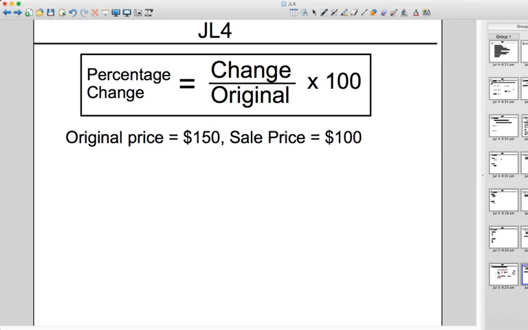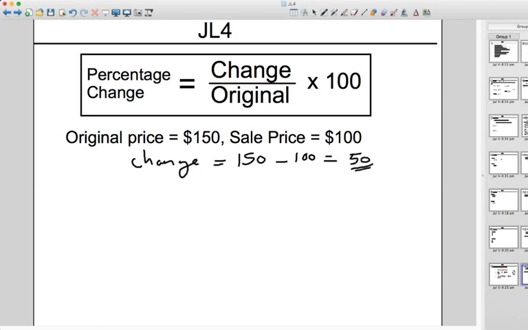Here's one more for you. I'll go through it in a moment. Right, so the change is going to be 150 minus 100 gives you 50.